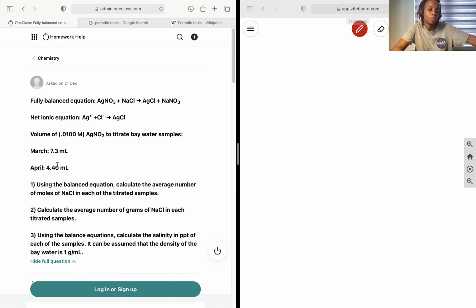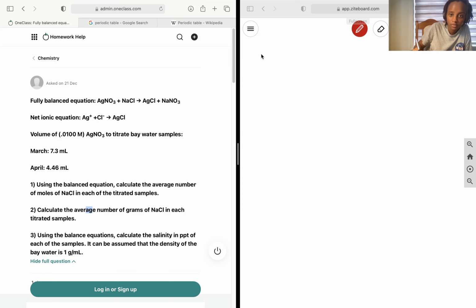For the April sample, they use 4.46 milliliters. Using the balanced equation, calculate the average number of moles of sodium chloride in each of the titrated samples. Calculate the average number of grams of sodium chloride in each of the titrated samples. Use the balanced equation to calculate the salinity in parts per thousand of each of the samples. It can be assumed the density of bay water is 1 gram per milliliter. So let's just get into it.